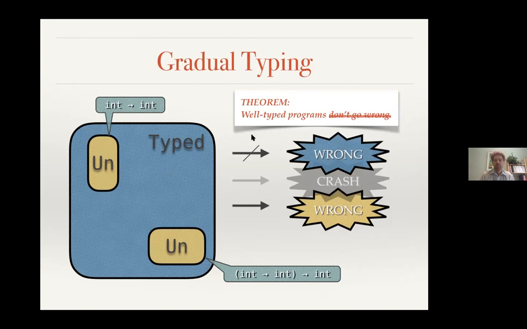Okay, you can't prove the well-typed programs don't go wrong anymore, but what you can prove is that well-typed programs can't be blamed, right? If something goes wrong, it's not a blue wrong state. It has to be some other color here, okay?